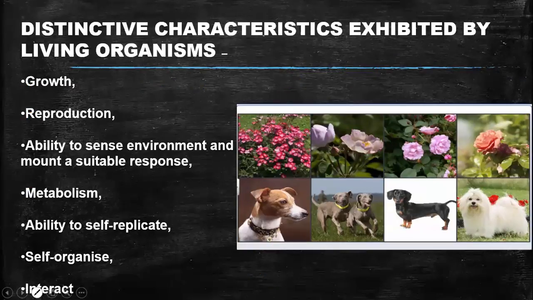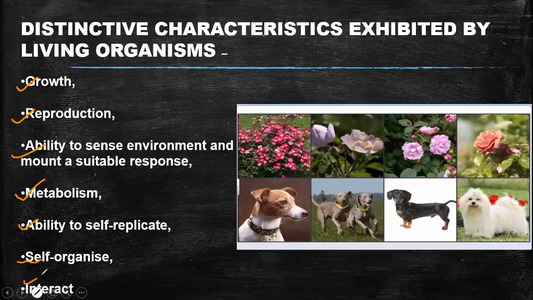Next, you are going to learn what these distinctive properties are. As you can see in this slide, some distinctive properties are growth, reproduction, ability to sense the environment and mount a suitable response, metabolism, ability to self-replicate, self-organization, and interaction.